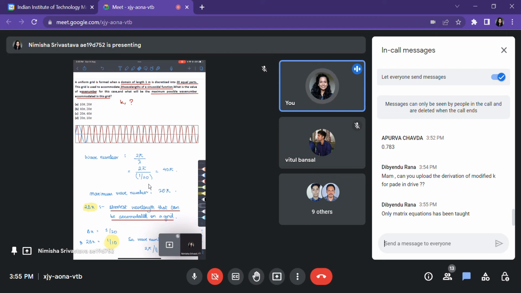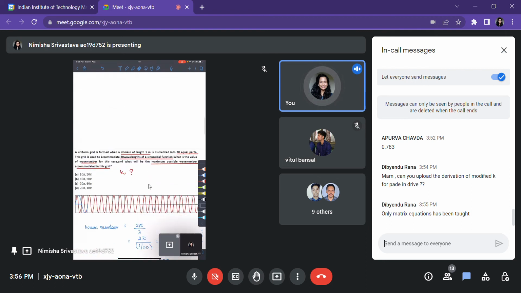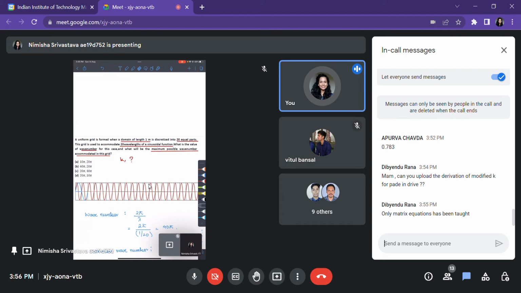Only matrix equations have been taught. I'm sorry, Debendu. It's there in the lectures. I've gone through them. In lectures 15, 16, that's around where modified wave number has been discussed in detail. And I've told you the methodology. Essentially, you don't need to be confused about what that is. What we are doing is going with something similar to what we were doing with the partial differential equations.